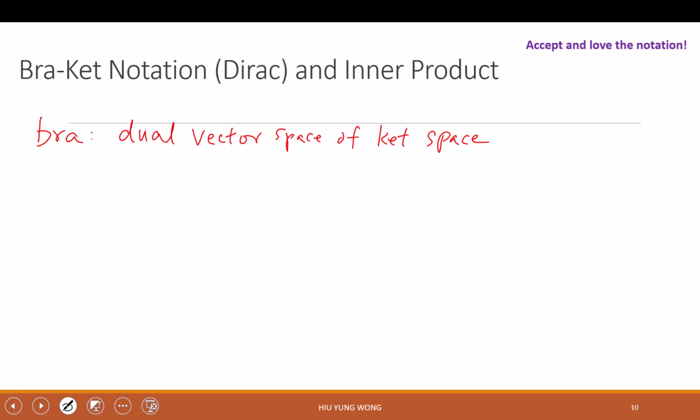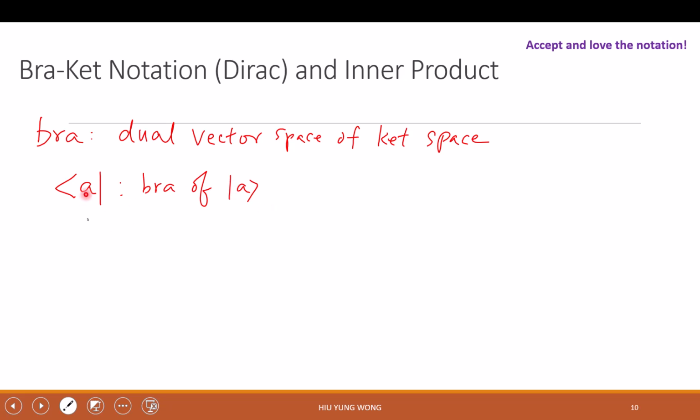For example, this is bra A. Okay, this is the bra of A. Remember, I told you that A in cat is a vector. This is also a vector, but this is the dual version. Just imagine it's the image of A, something like that, right?